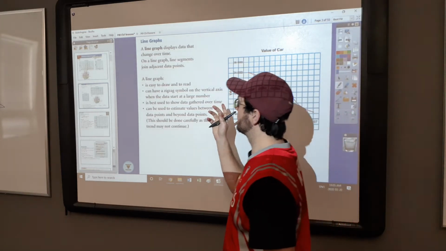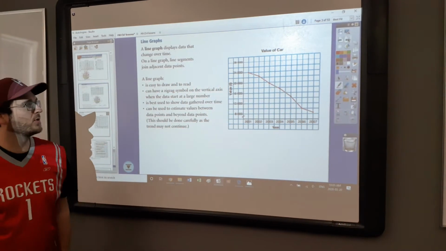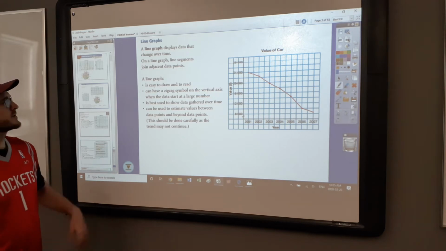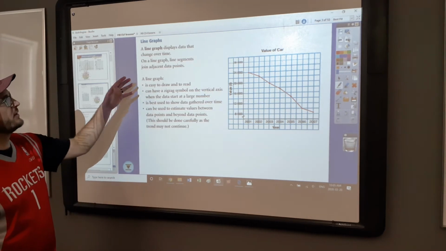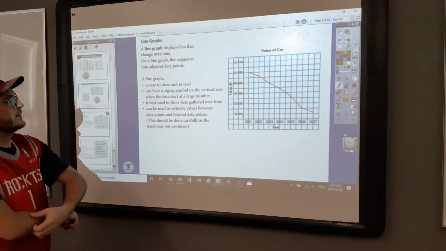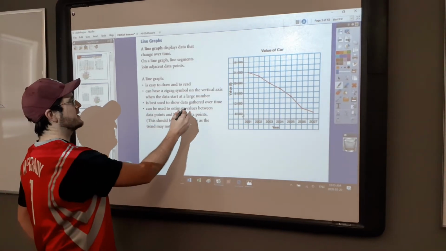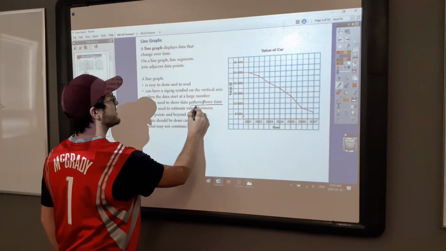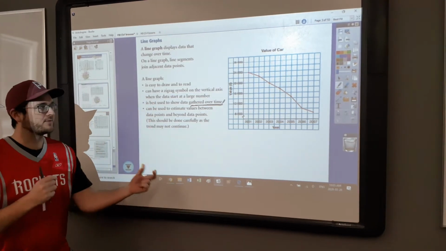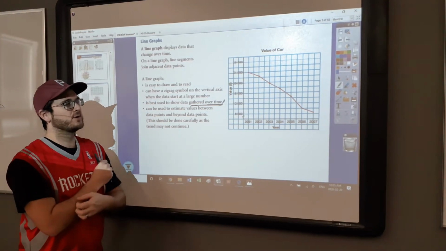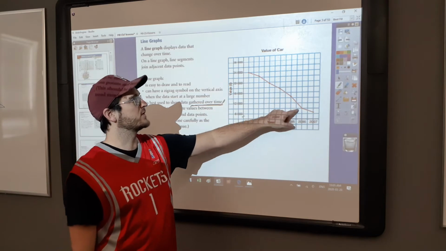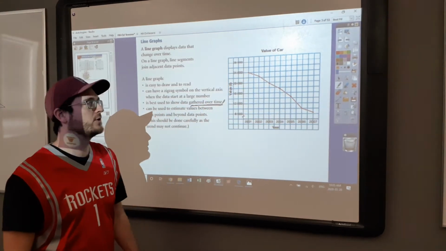Couple other ones. So line graphs, and we'll look at double bar graphs as well. Just looking at some of the advantages of using a line graph. You can read in your book some of the things, but the big thing is that it's best to use over time. So a bar graph and line graph can be similar, but sometimes it doesn't really make sense to join the points. Here's a situation where we're talking about the value of a car.